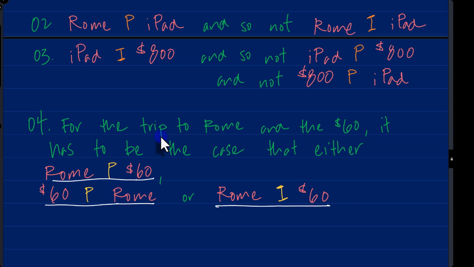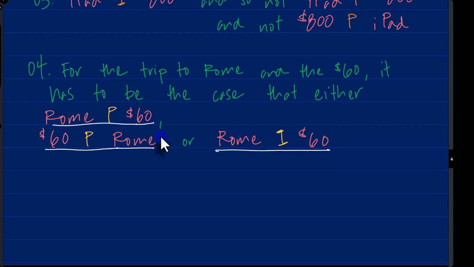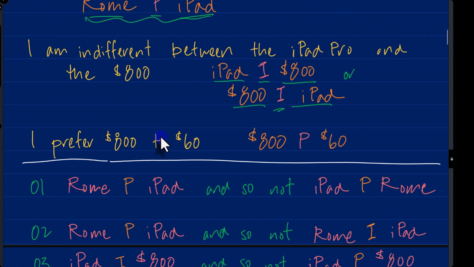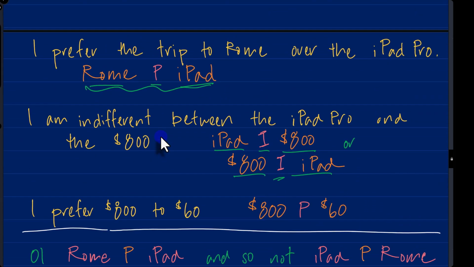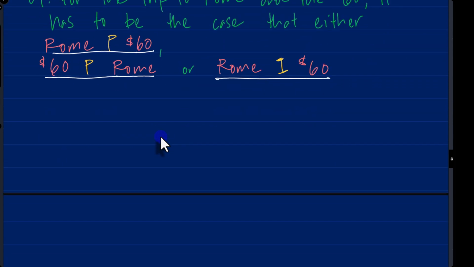Again, in other words, there has to be some relationship between any two alternatives, and it has to be one of these three relationships. Okay, now you might be able to guess which of these three is true for me, but I didn't state what it was up here when I initially laid out these three. So let's use, let's see, the fifth and the seventh conditions to figure it out.